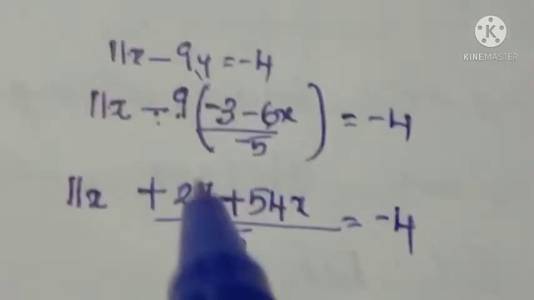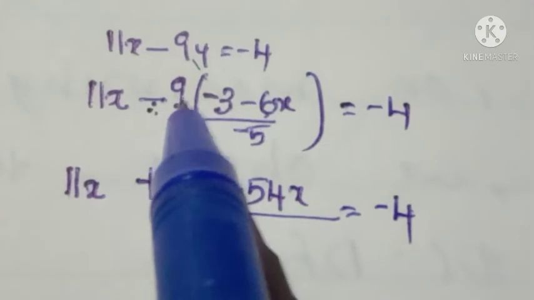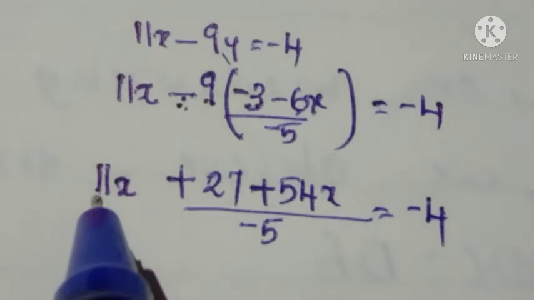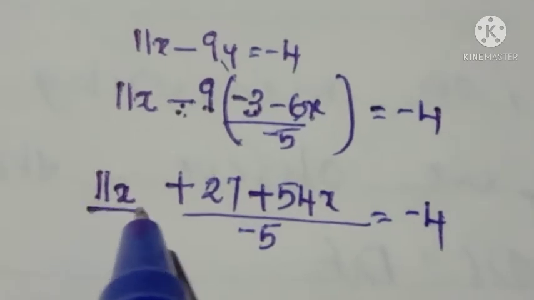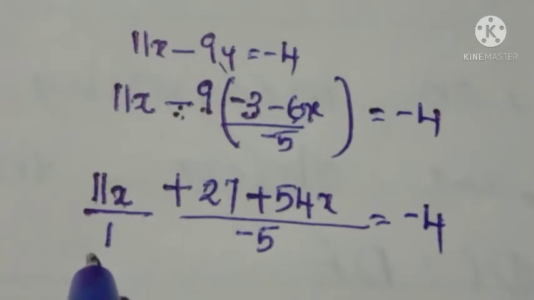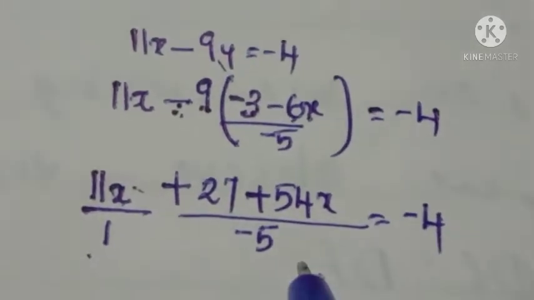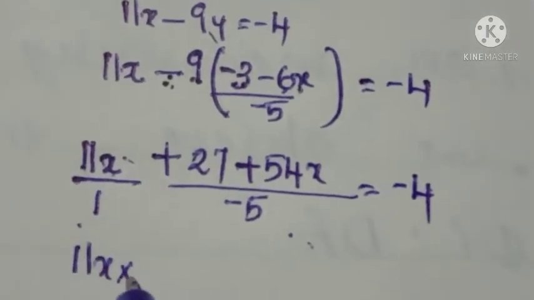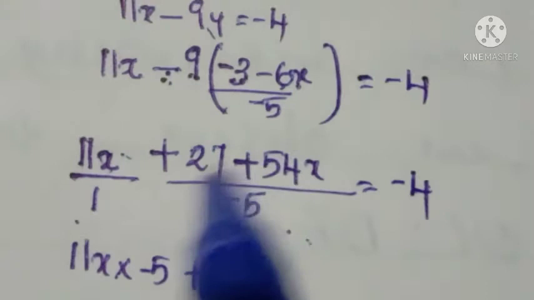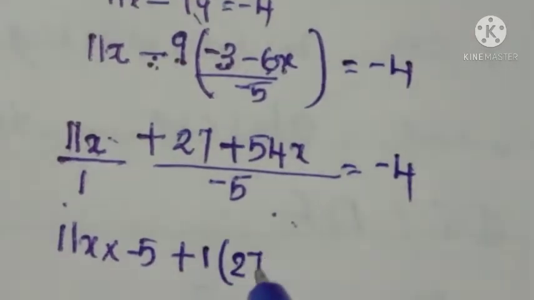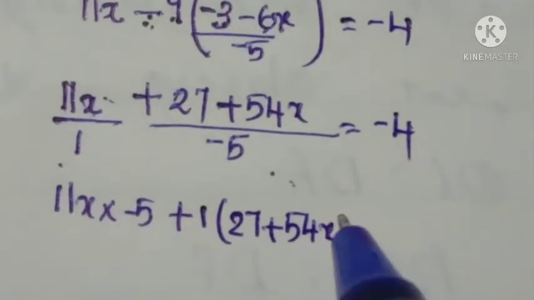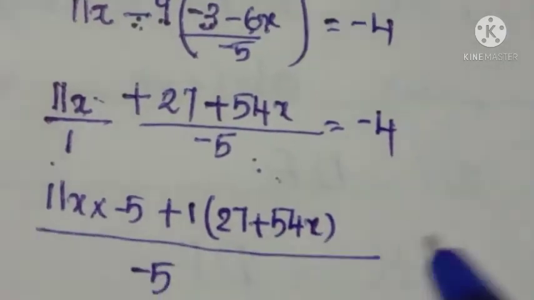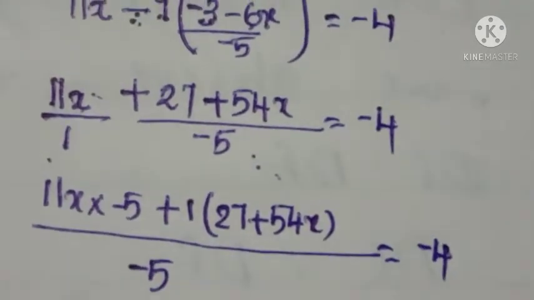Just multiply minus 9 with minus 3 and minus 6x. Now again you can consider this as 11x by 1. Take cross multiplication. So 11x into minus 5 plus 1 into 27 plus 54x, divided by 1 into minus 5, is equal to minus 4.